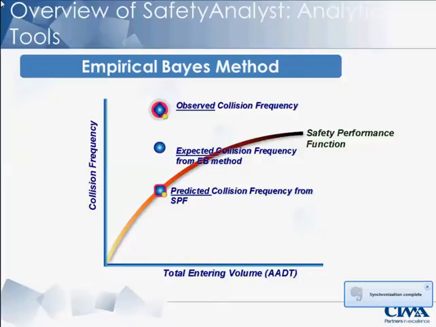What is the problem associated with this metric? If you rank based on your PSI, or potential for safety improvement, this is your PSI. This is your predicted number. This is your long-term performance. And this is PSI, potential for safety improvement.